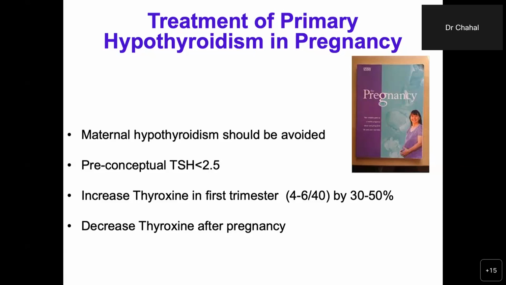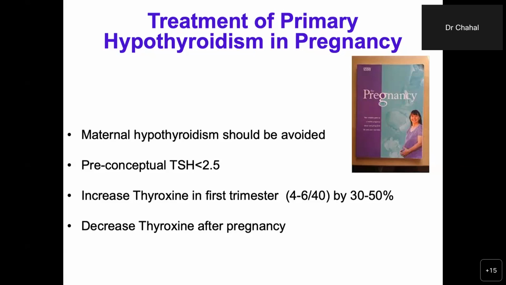There's two ways to think about changing doses of levothyroxine in pregnancy. Some people advocate in the first trimester to increase the levothyroxine dose by 30 to 50%. Others like to monitor the thyroid function test in the first trimester every 4 to 6 weeks and adjust thyroxine dependent on the thyroid function test.